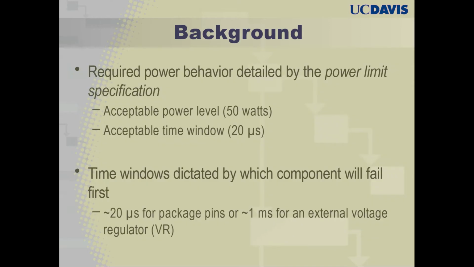This leads into the power limit specification: you have a power limit level of, say, 50 watts, and then a time window over which it must be kept, because you're going to naturally spike above and below. Two sample windows for this would be 20 microseconds for the package pins, or around 1 millisecond for an external voltage regulator.